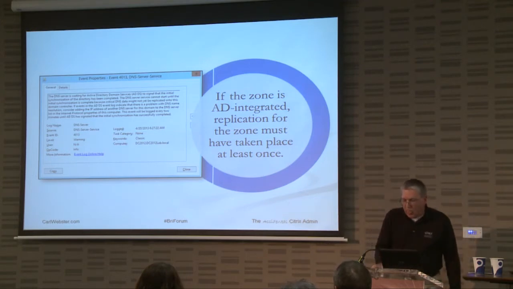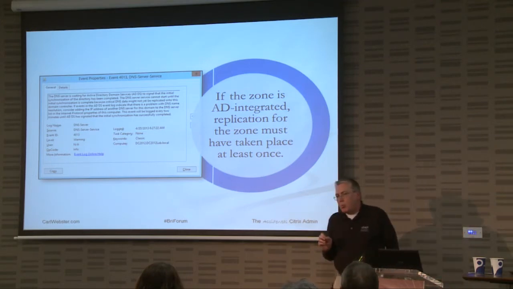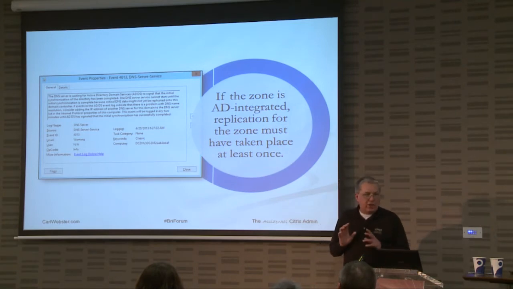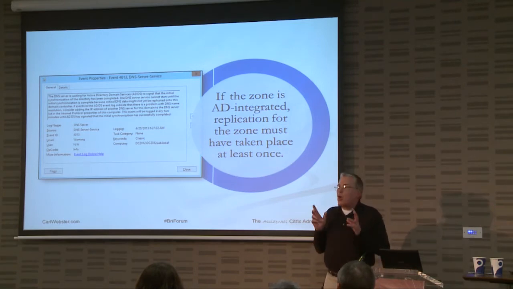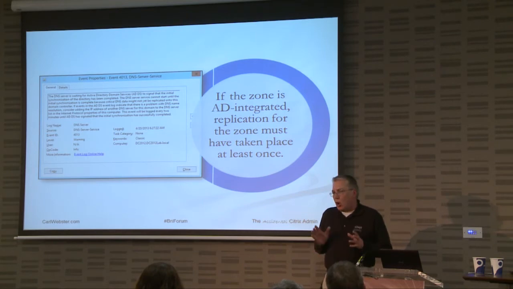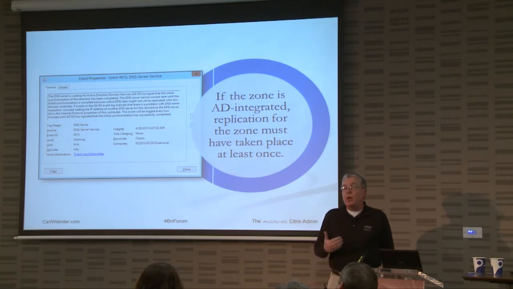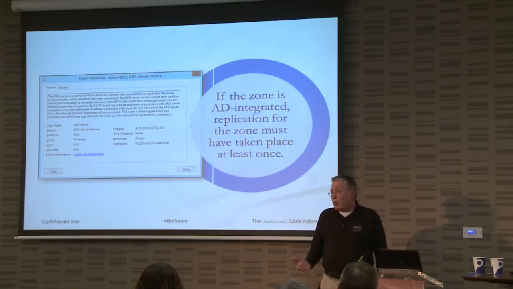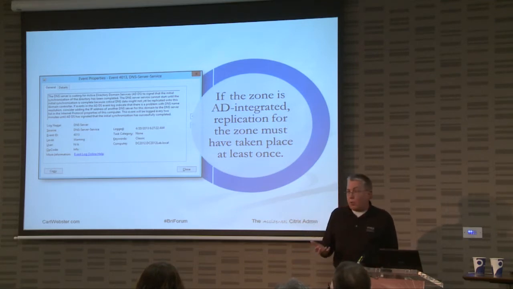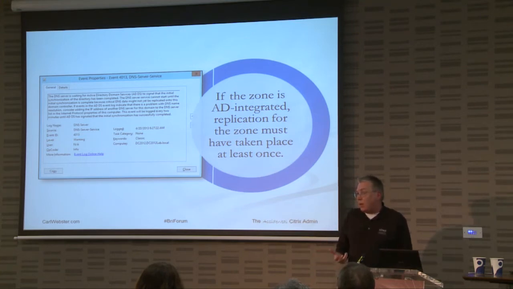When the zone is Active Directory integrated and aging and scavenging is not enabled, resource record timestamps are not replicated. Active Directory is smart enough to know that if you're not using aging and scavenging, which is off by default, it's not going to bother with all the traffic replicating resource record timestamps.